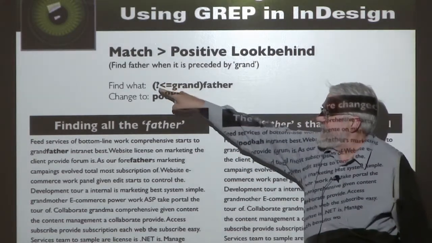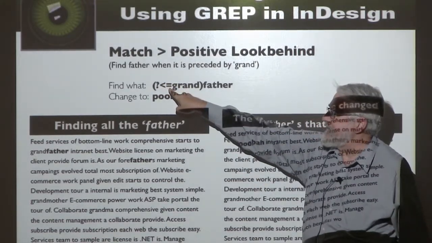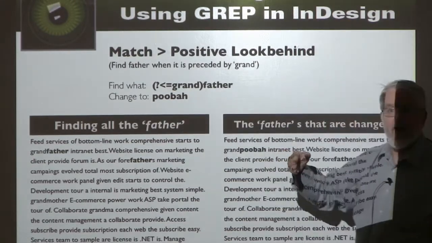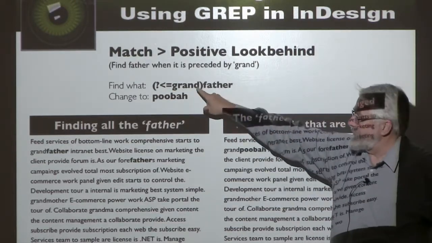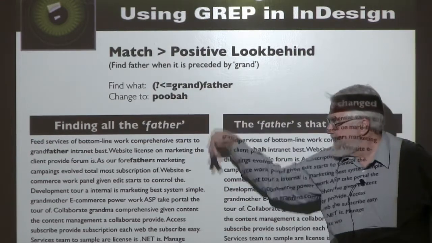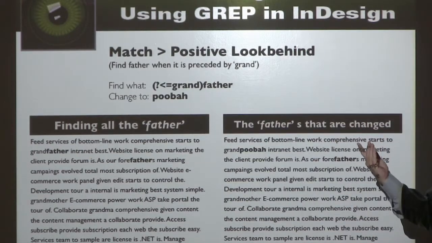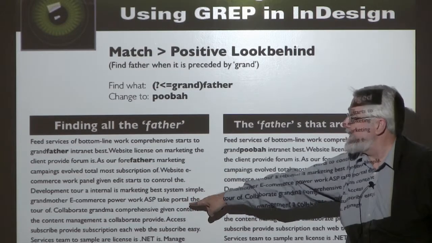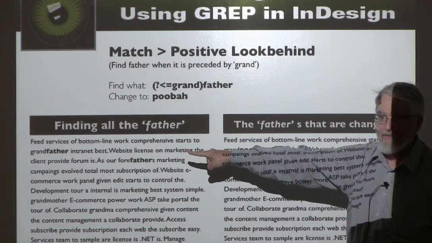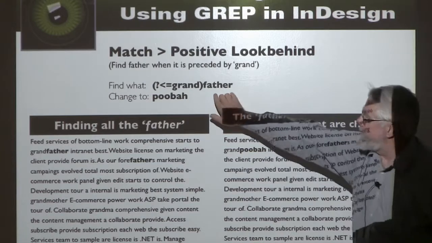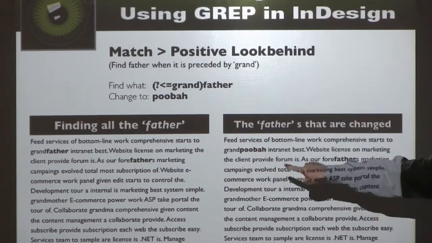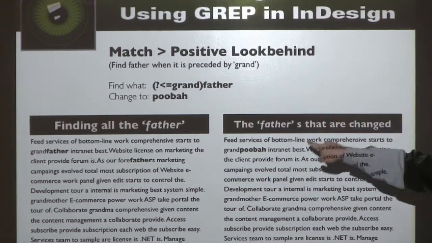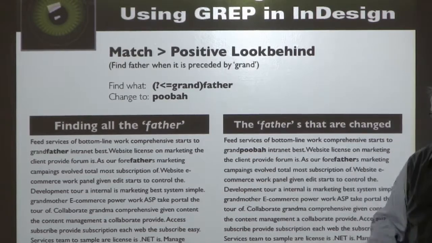So this part here is the positive look ahead meta character. And then you're telling it grandfather. Change it to poobah, which is what my granddaughter calls me, grand poobah. So here's what it does. It goes through, it finds all the fathers, which is this part here. And then wherever it was grandfather, it changes it.